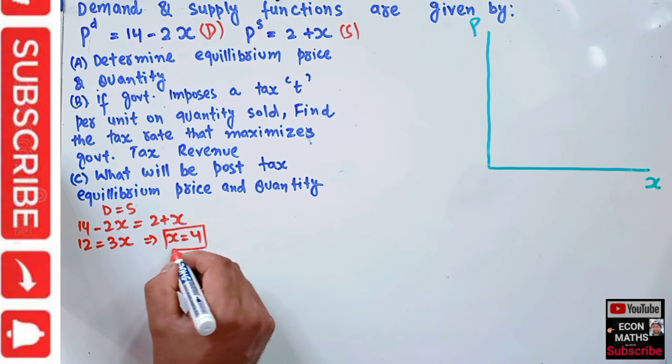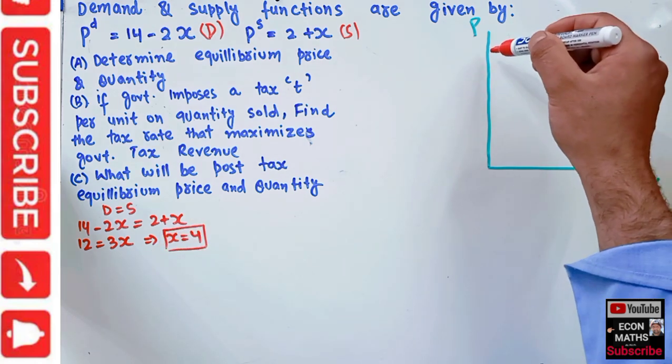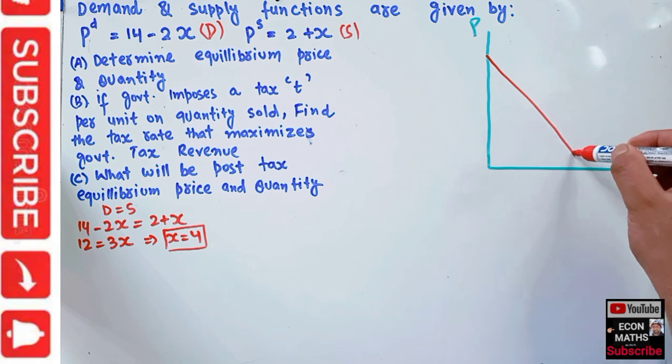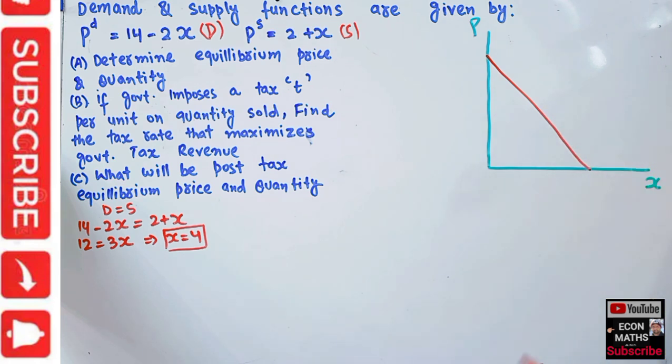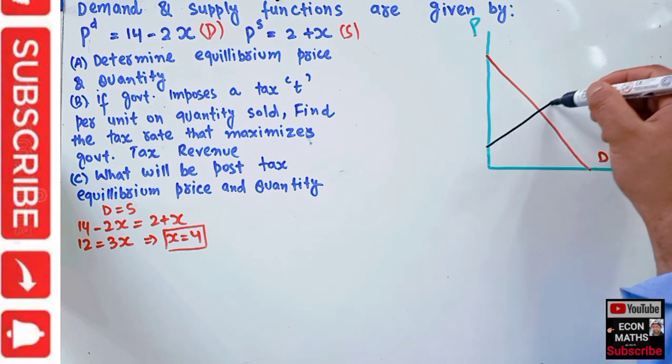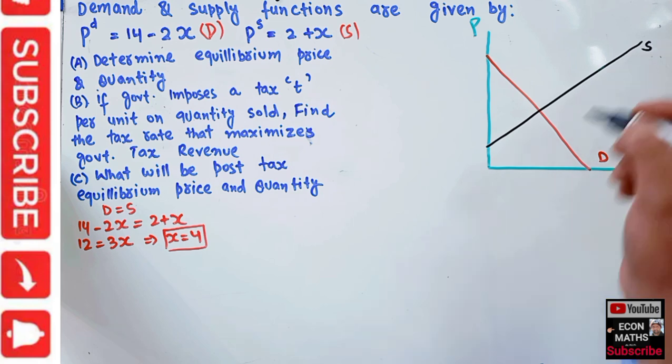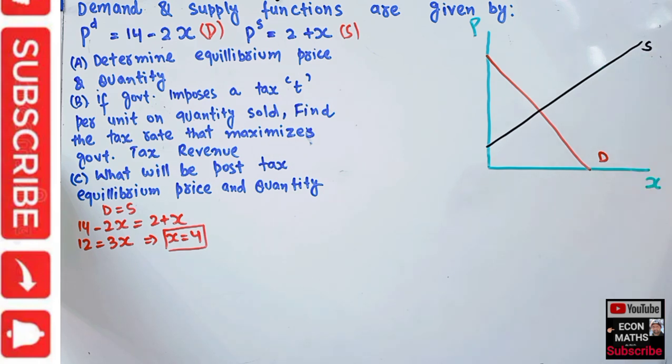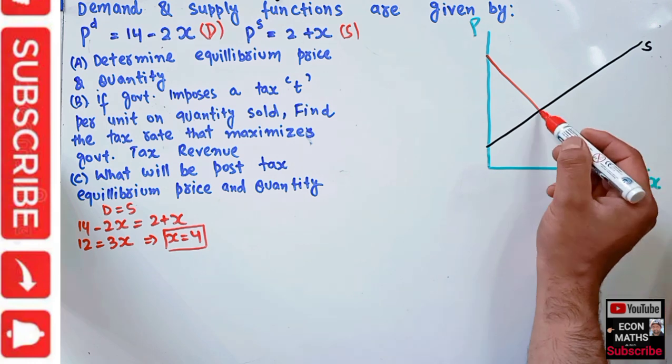Let us say this is our demand function, and also we have a supply function, this is our initial supply function. Now equilibrium occurs where demand equals supply, so we have this point.